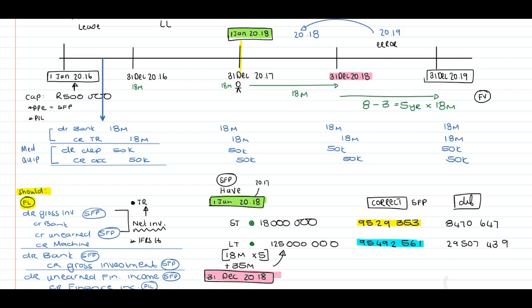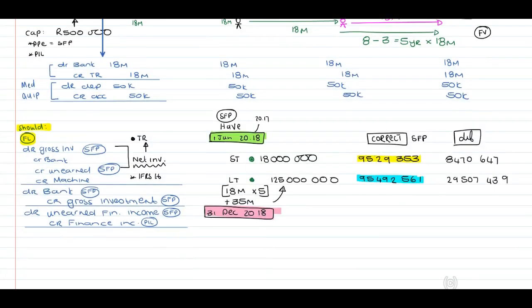Okay, again, when you look at our timeline, if you are standing here, end of 31 December 2018, for the next 12 months, we will have the 18 million being the short term. Therefore, very similar to our previous calculation. We have the short term, and this is our 18 million. We have our long term, which will be the 18 million times 4 now.